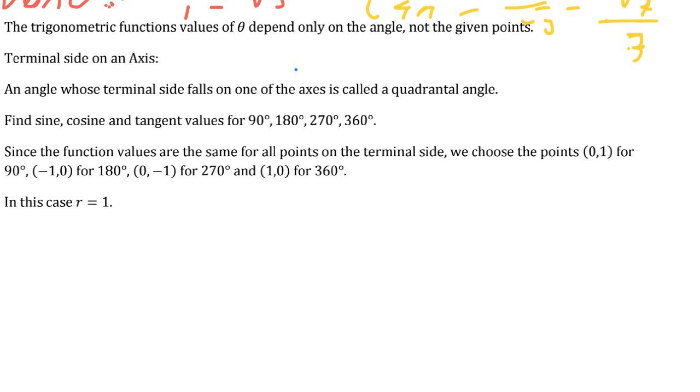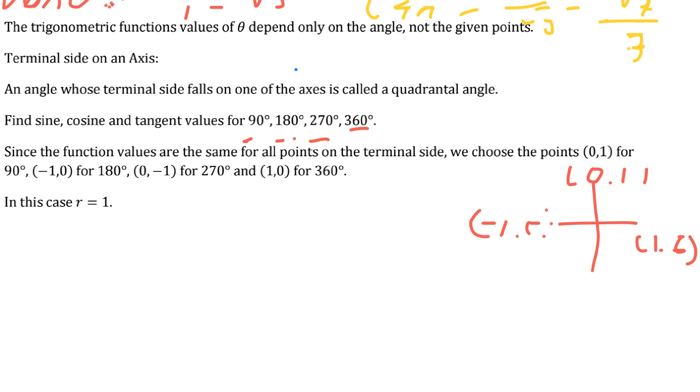So let's go look at the quadrant angles, where it falls on 90, 180, 270, 360, right on the axis lines. Those are called quadrant angles. Since we have the function, I'm just going to go ahead and draw it. Over here, we have 1, 0. This is 0, 1. -1, 0.